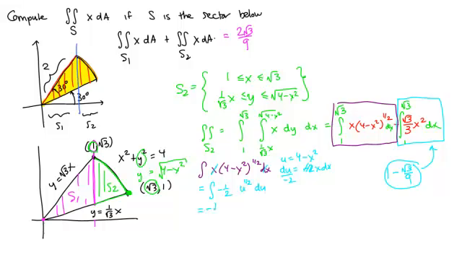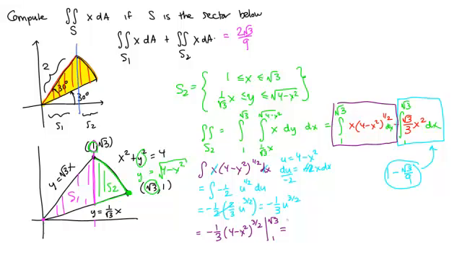That will integrate to negative 1/2 times u to the 3/2 power times 2/3, or negative 1/3 u to the 3/2 power. If we back substitute, that gets us negative 1/3 times 4 minus x squared to the 3/2 power, which we can then evaluate from 1 to root 3.